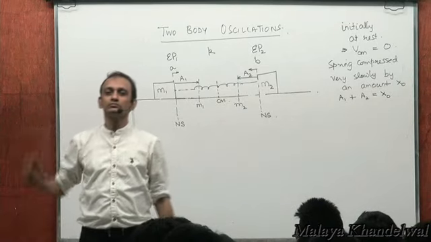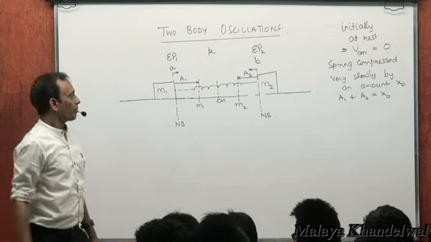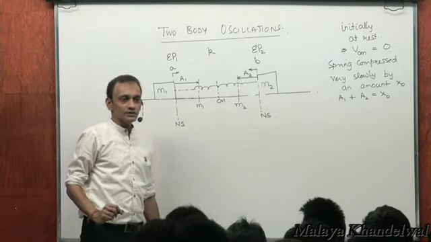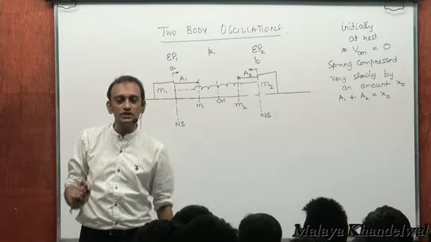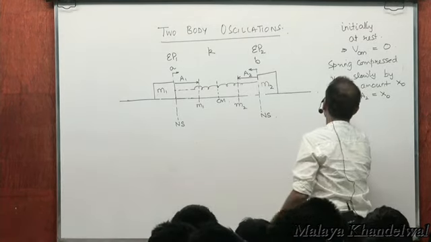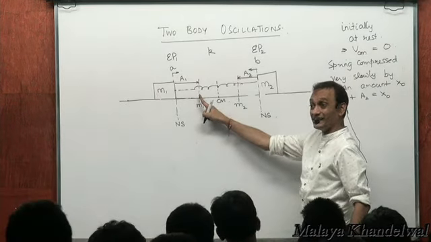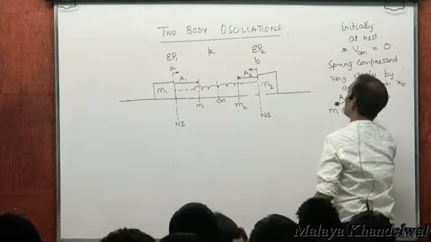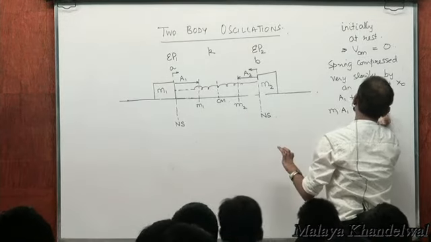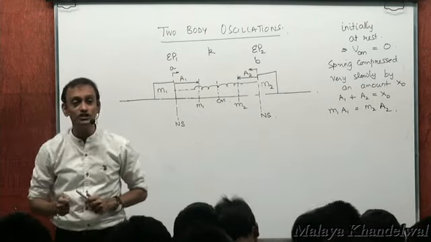Now, realize that to preserve the position of the center of mass, should I not have M1 A1, which is the disturbance brought about by this in the summation MiXi, balance M2 A2 so that the x coordinate of the center of mass did not change? Yes, sir.